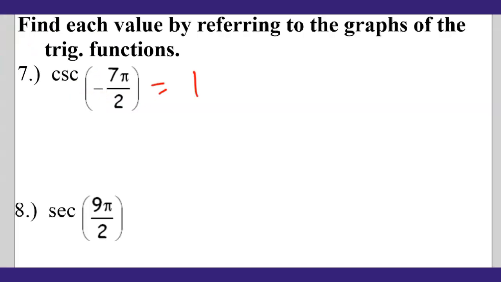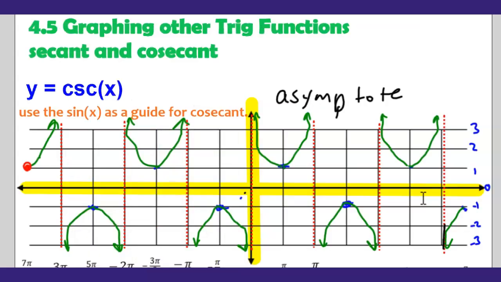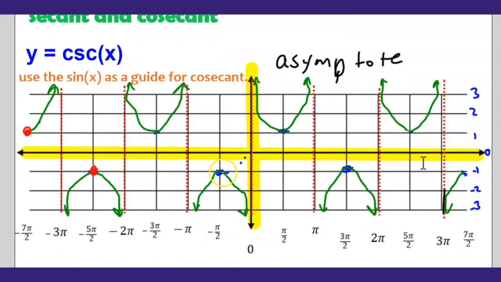If we go back to our cosecant graph, here's a -1, here's a -1, here's a -1. We needed to write a rule that defines all of those, because we're not going to say -5 pi over 2, -pi over 2, 3 pi over 2, 7 pi over 2. We're going to say all of them that this applies to.